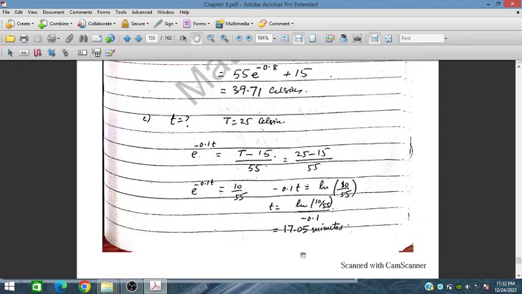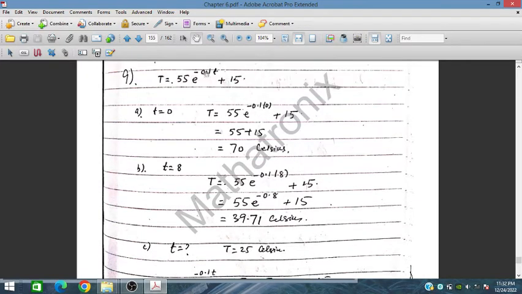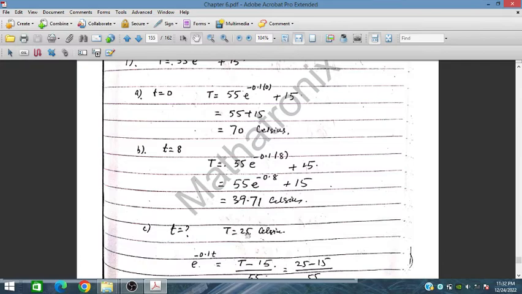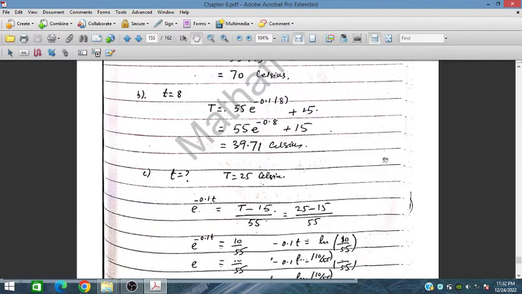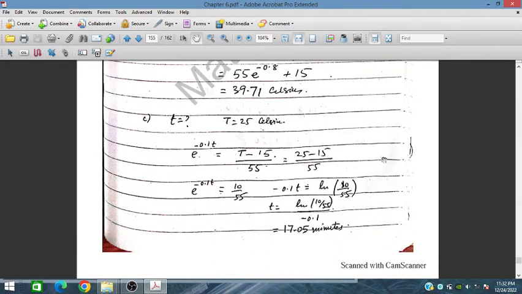So this would take more than 17 minutes, because it takes 8 minutes to reach this value. So it would take 17 minutes to reach 25 Celsius because of this exponential characteristic. So this is question number 9, and after that I will explain question 11.